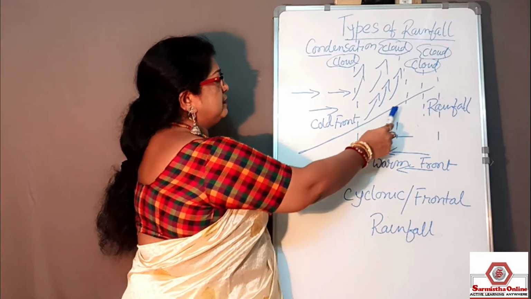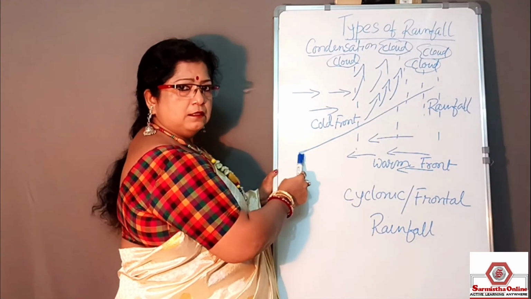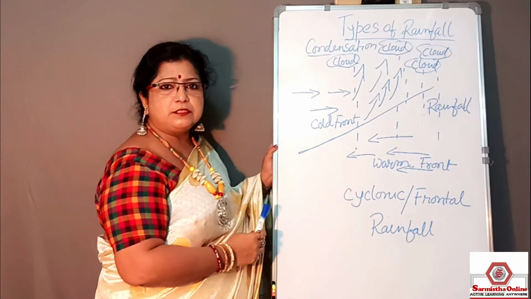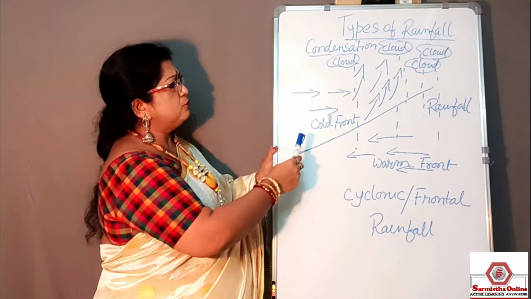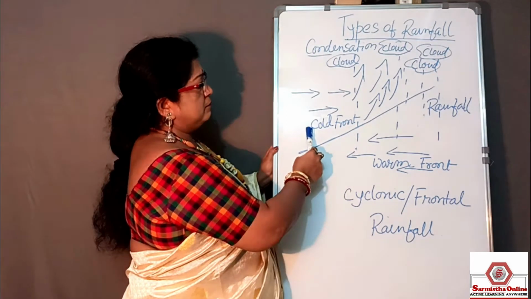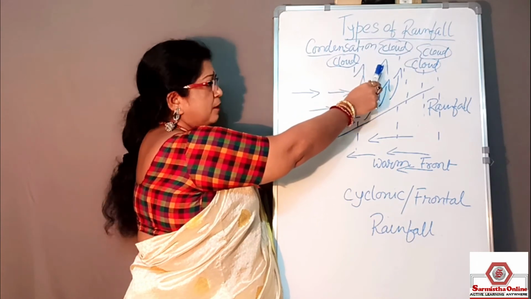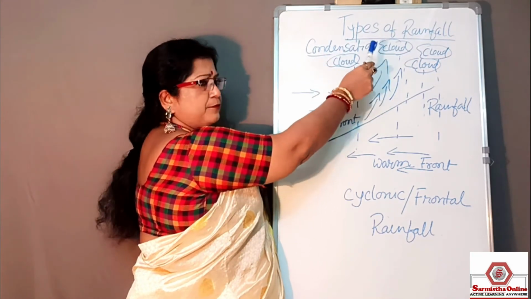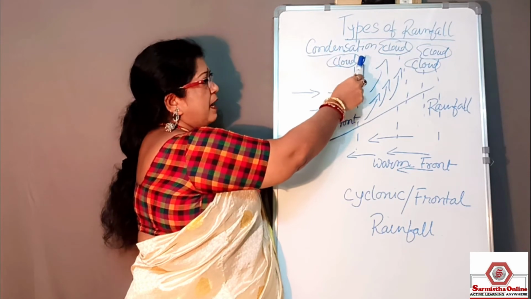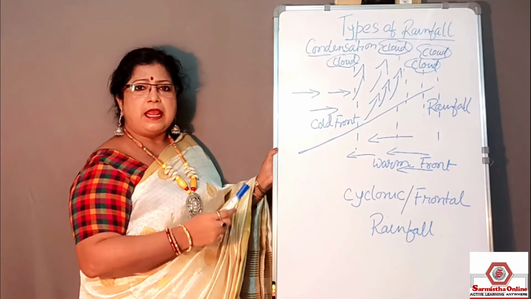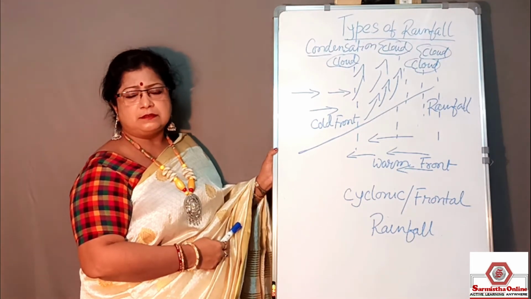Now this is the diagonal surface where the two masses of air collide with each other, and due to the collision the warm air goes above in the high atmospheric altitude and comes in contact with the cold air. Heavy condensation occurs.